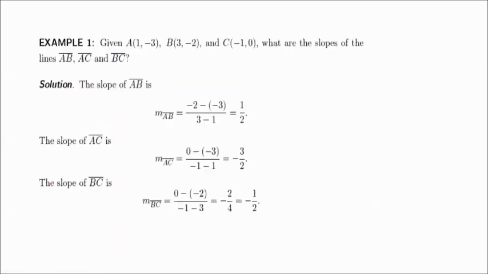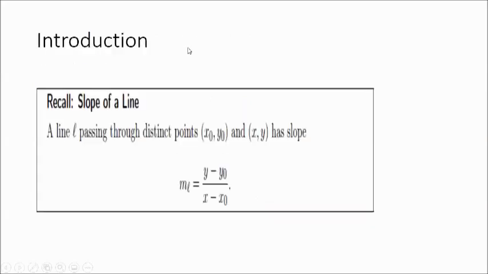Example. Given these 3 points, what are the slopes of lines AB, AC, and BC? Let's discuss just AB. If you plot this, 1, negative 3, and 3, negative 2. This is x sub 0, y sub 0 since it comes first, then x and y.